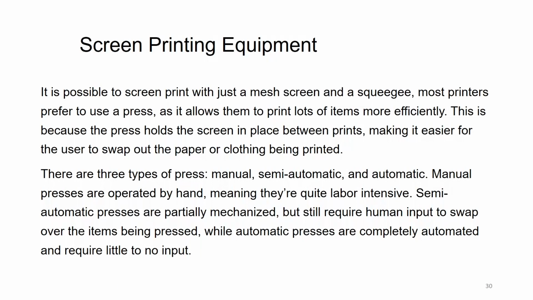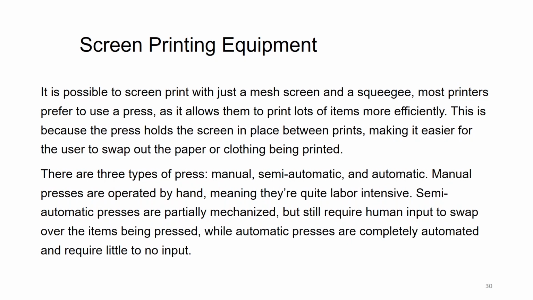Screen printing equipment. Towards the end of this lecture, we need to understand what the components of screen printing are. It is possible to screen print with just a mesh screen and a squeegee.